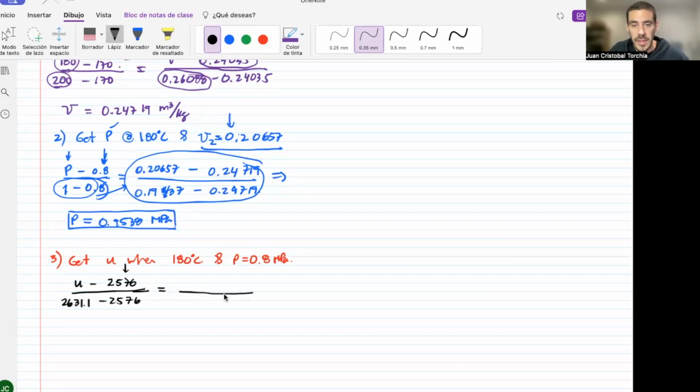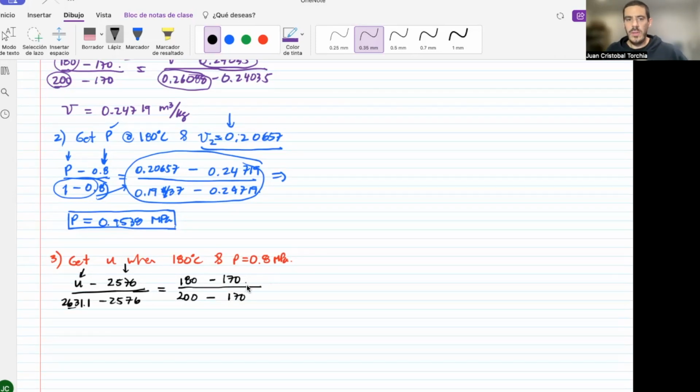Therefore, what you're going to put here is that this one corresponds to 180 degrees Celsius. This one was 170, right? And this one was 200, and then this one was 180, 170.